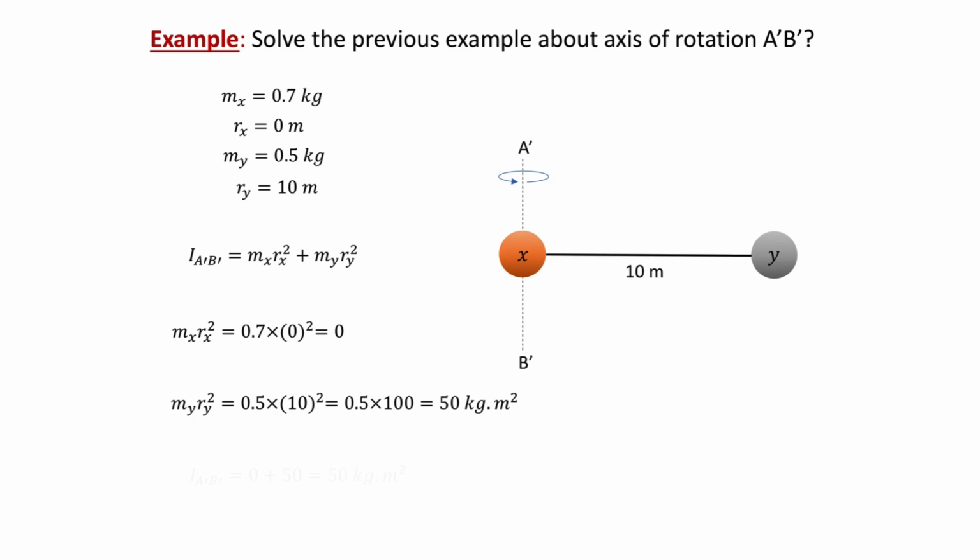So we can add up these two to find the total moment of inertia, which is 50 kilogram meter squared. If we compare this moment of inertia with the former one for the axis AB, we conclude that I about A prime B prime is greater than I about axis AB.